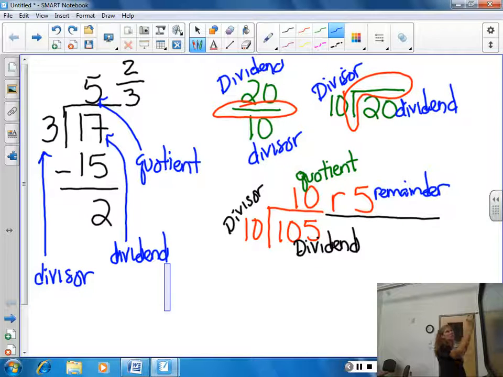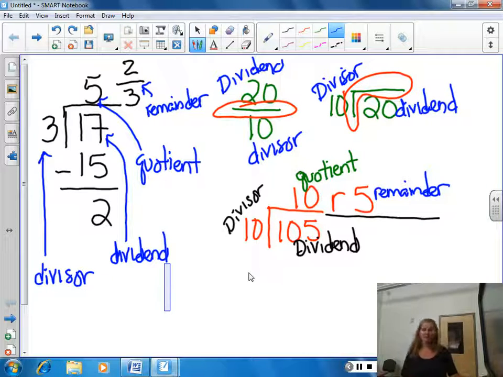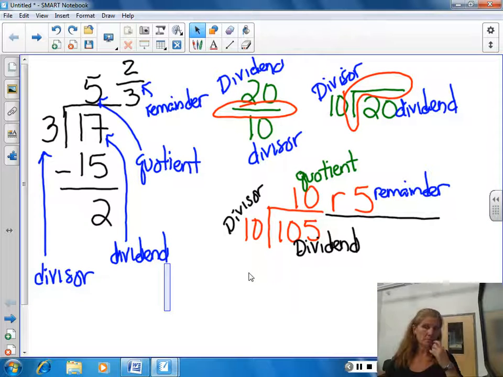And 2/3, in a different way, is the remainder. A different format is the remainder. So I still have my divisor, my dividend, my quotient, and my remainder. Even when my format is as a fraction, that's still considered a remainder.